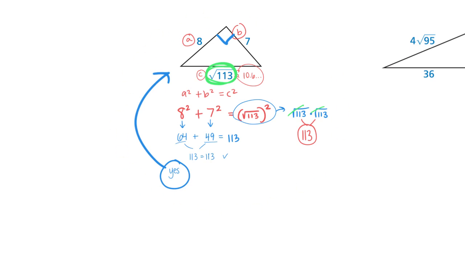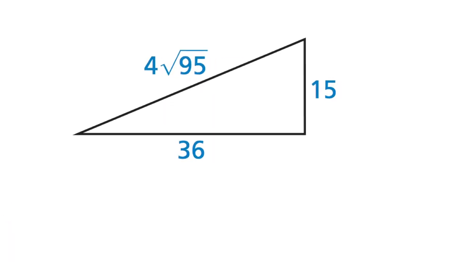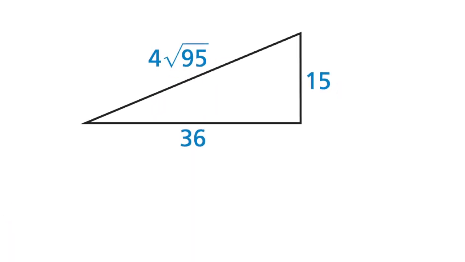So let's go ahead and try that next one. Once again, we want to make sure we know which side is supposed to be the hypotenuse. And obviously it looks like that one's going to be the hypotenuse, but let's actually make sure that works. You can just do that in your calculator.